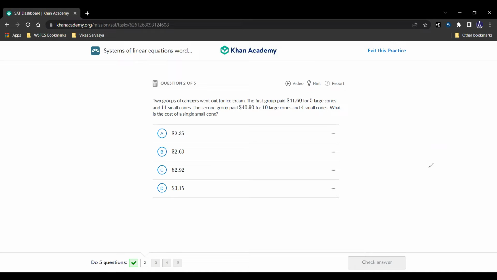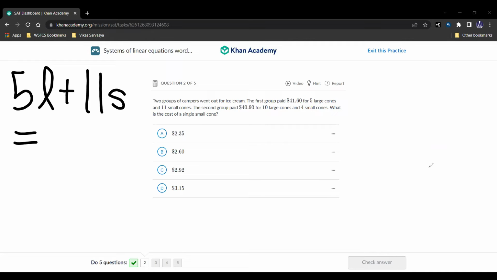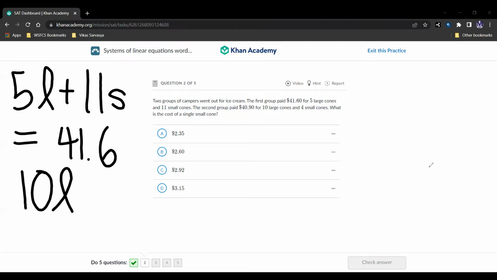So we have 5L, for large cones, plus 11S, which is 41.60. And then on the other hand, we had 10 large cones and 4 small cones. And that was 40.9.